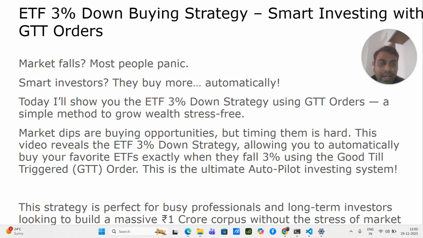Market dips are basically buying opportunities, but timing them is hard. It is very hard to predict when the market will go up. So here, what we'll do is the buy on dip strategy. We will automatically buy an ETF when there is a 3% fall in any ETF.